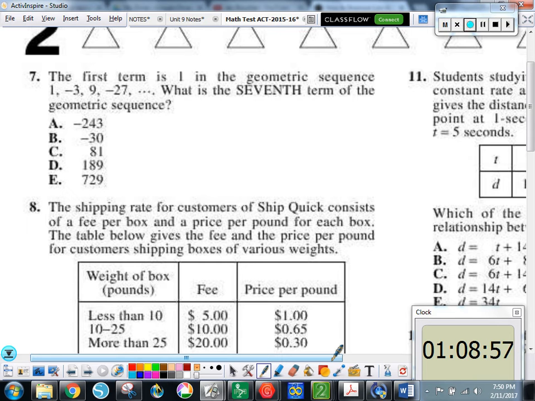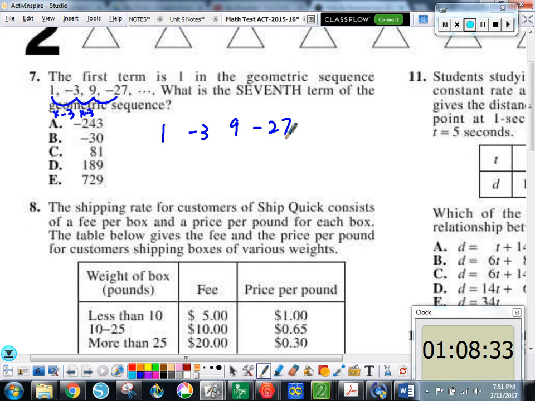Okay, the first term is 1 in the geometric sequence 1, -3, 9, -27, and so on. What is the 7th term? So we don't need any crazy formula. We just need to know what's going on from point to point. We did geometric sequences in the 9th grade. To get from here to here, you multiplied by a -3, multiplied by a -3. So the first term is 1, -3, 9, -27.